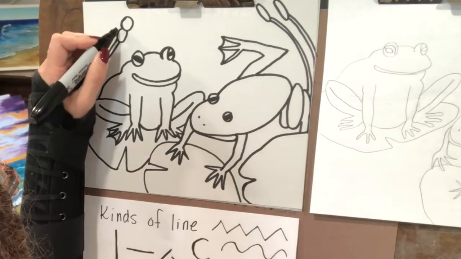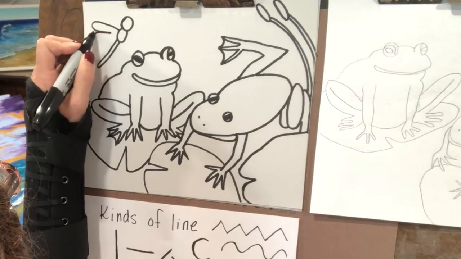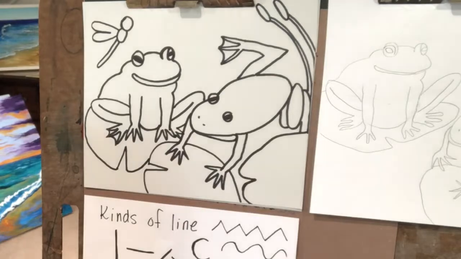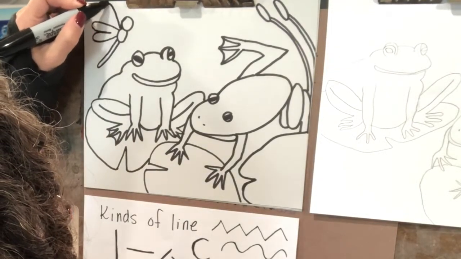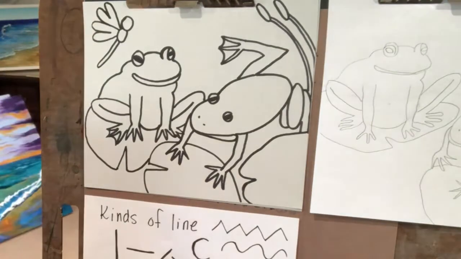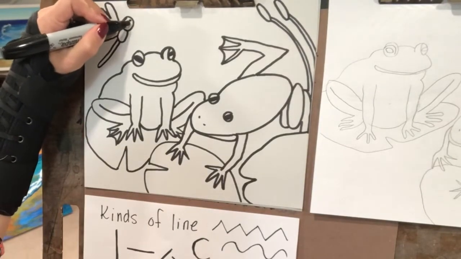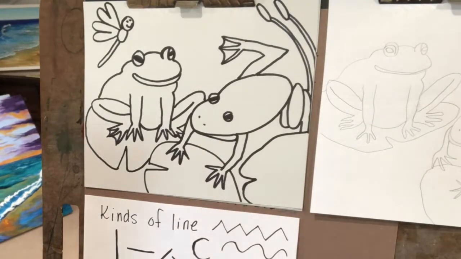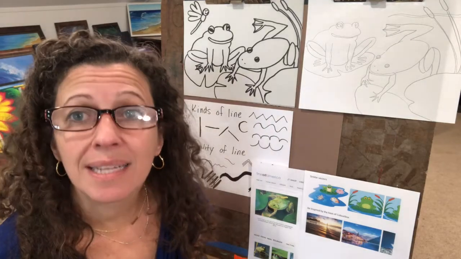It's a backwards number 3, like that. Or like a heart, kind of like a heart laying down. And then another one behind it. That really looks like a heart. And that's your dragonfly. And it can have eyes, and it can have a smile, whatever you want, or you don't have to. But that is our composition using kinds of lines.